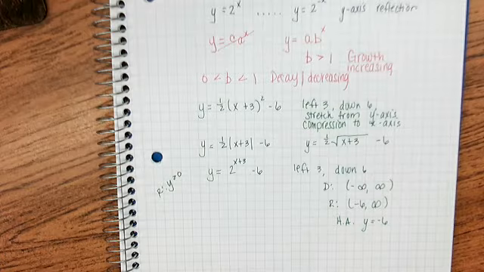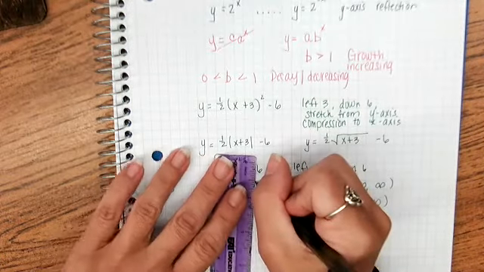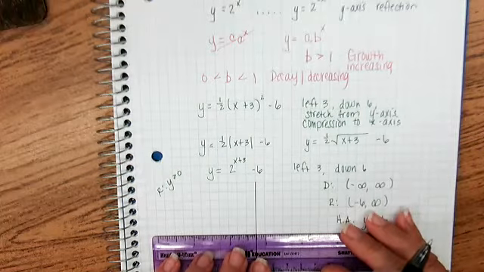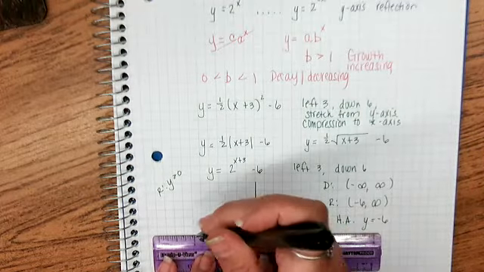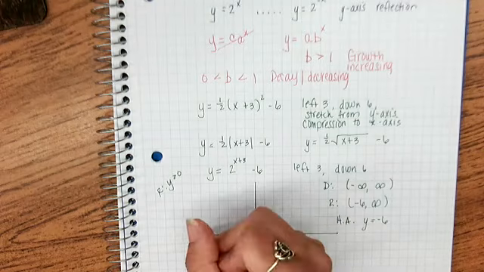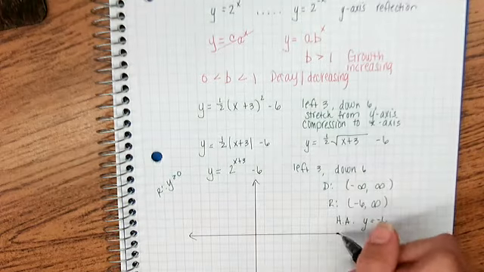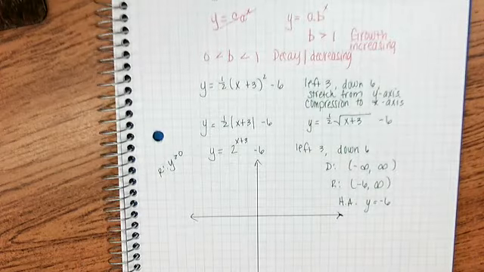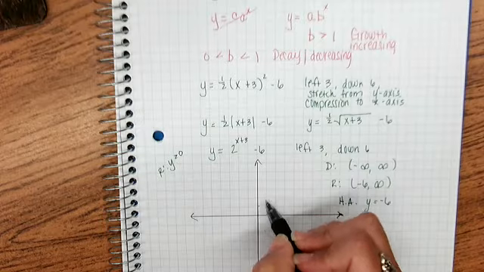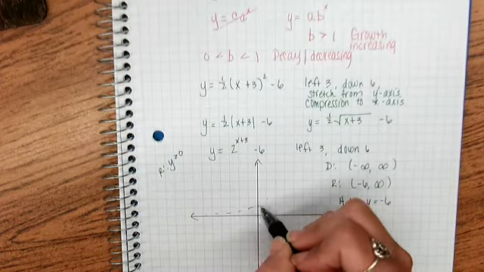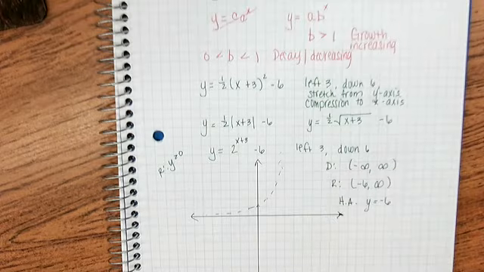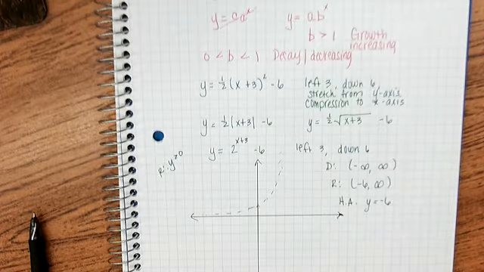So let's just take a quick look. Down 6. I'm going to draw the parent in dotted. So it's something like this. You do not have to draw in the parent. I think for many of you it helps. All right, down 6.